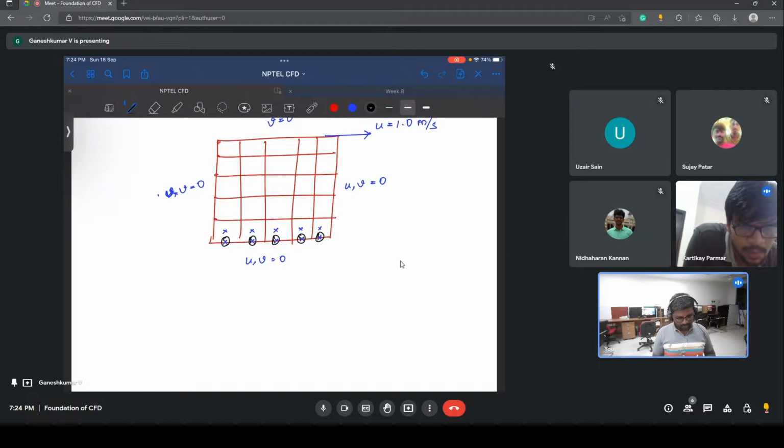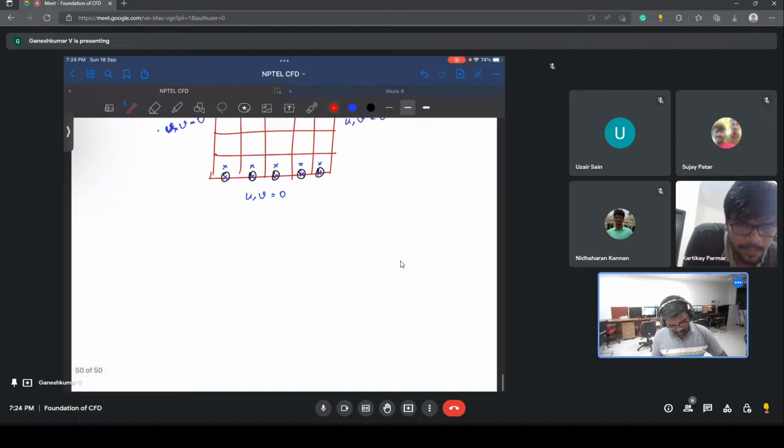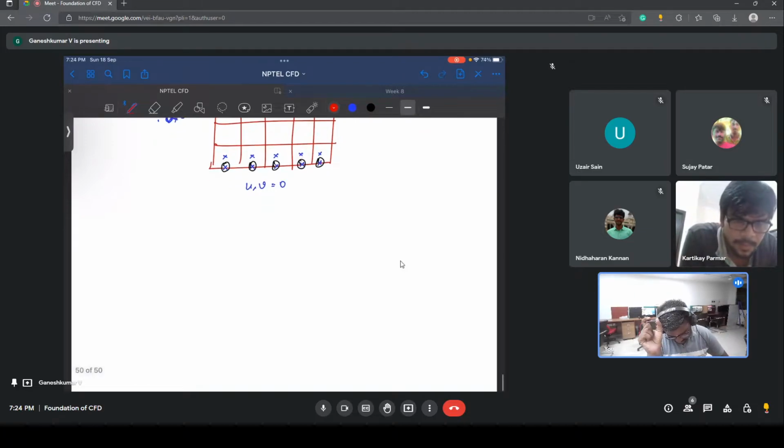Now how do you use it? We have an equation, and the equation is the same for every cell. Let's say you are writing it like this. For a simplified manner I'm just writing it; this is not the correct equation. Let's say this is the equation, equal to some function.